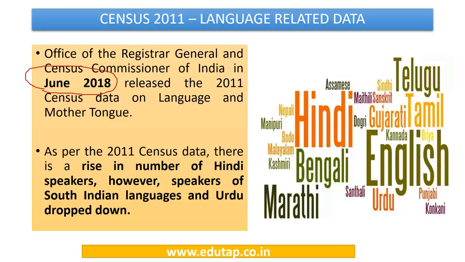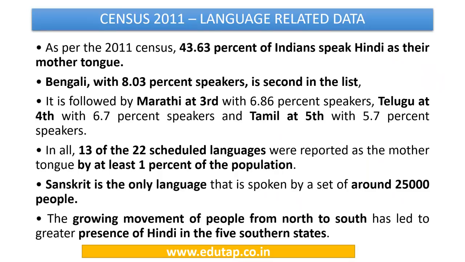It released the 2011 census data with regard to language and mother tongue. As per the 2011 census data, there is a rise in the number of Hindi language speakers. However, the speakers of the South Indian languages and Urdu have dropped down. So these are the basic features of the language related data presented in the census 2011.